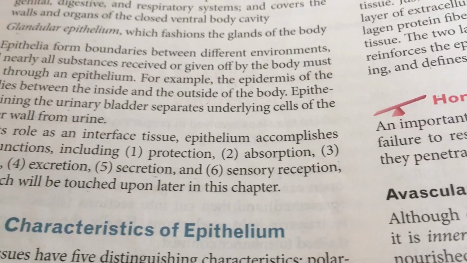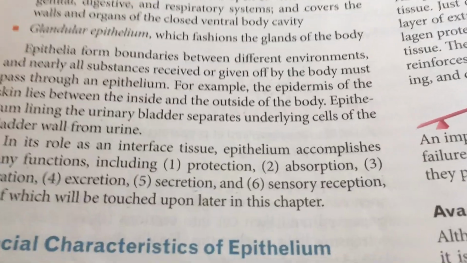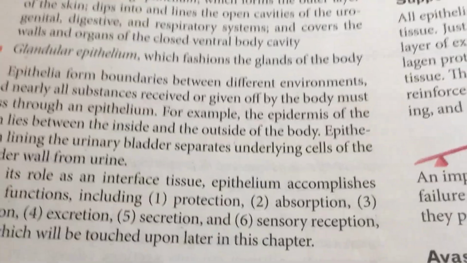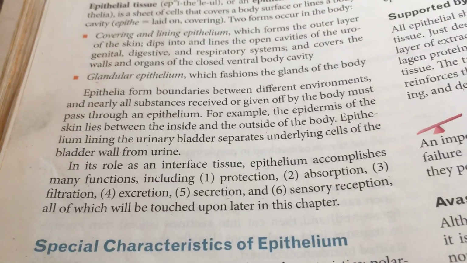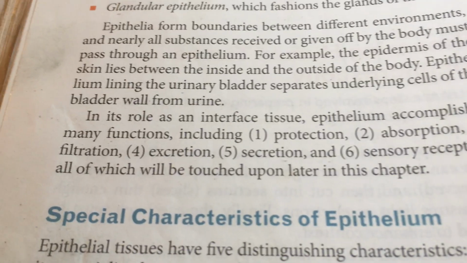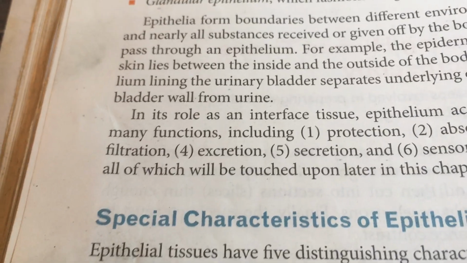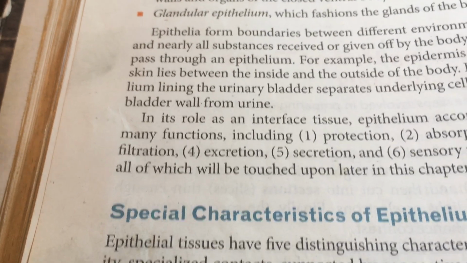Number 2 is absorption in some cases. So if you are in the intestines, you'd like to be absorbing nutrients. If you are one of those cells in the lungs, you'd be exchanging oxygen and CO2. There's filtration, which if you're a capillary, you have to provide nutrients for all of the 50 trillion cells in the body.